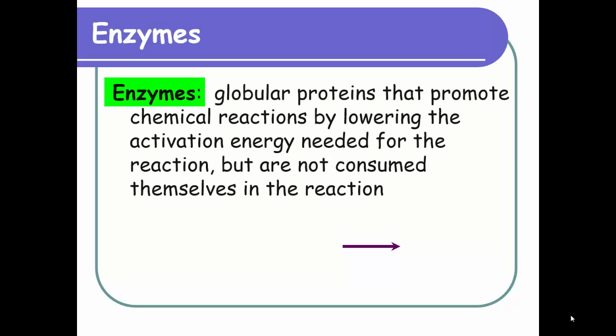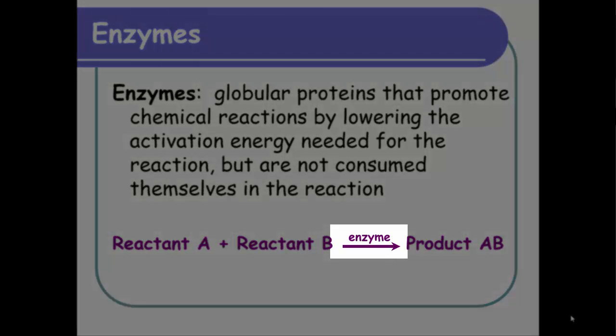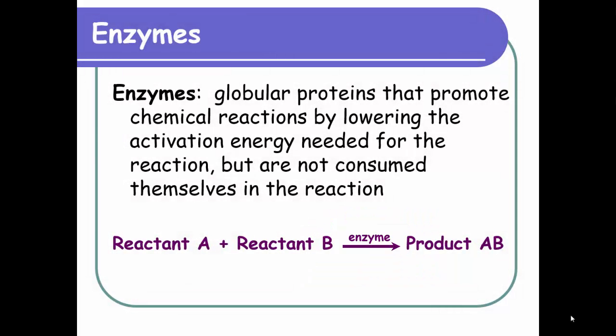Therefore, enzymes are globular proteins that promote chemical reactions by lowering the activation energy needed for the reaction, but are not consumed themselves in the reaction. They come out on the other end of the reaction unchanged. Therefore, many times we will write the name of the enzyme above our reaction arrow because they come out unchanged at the end.